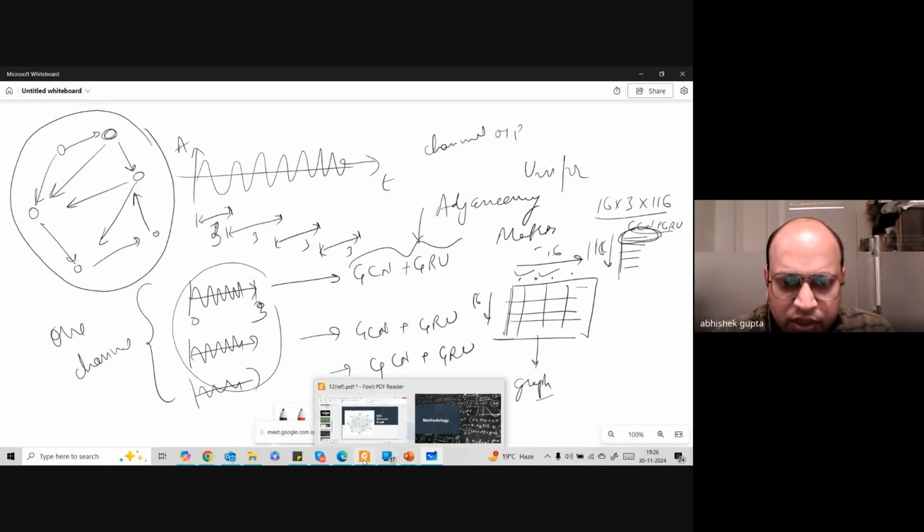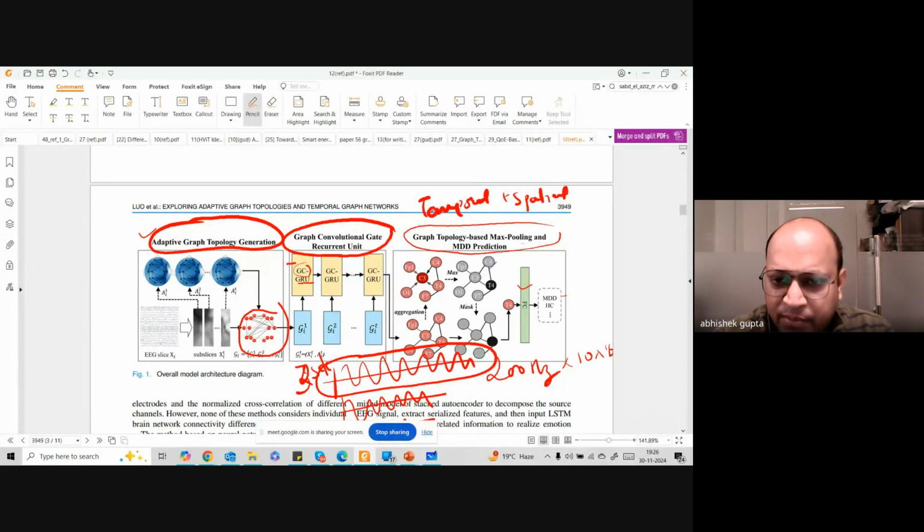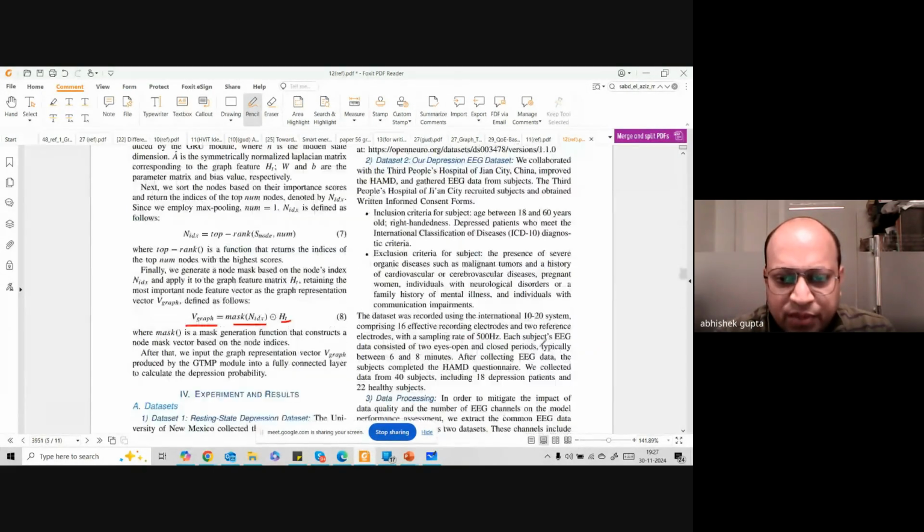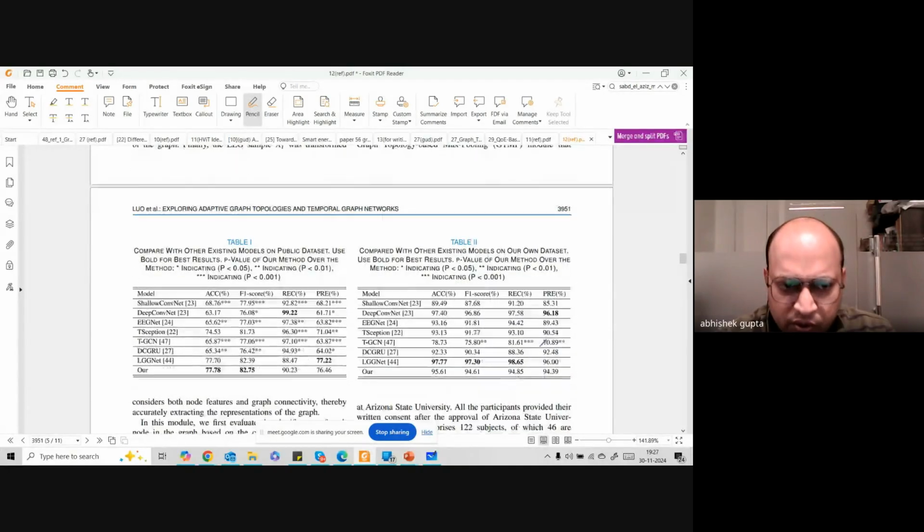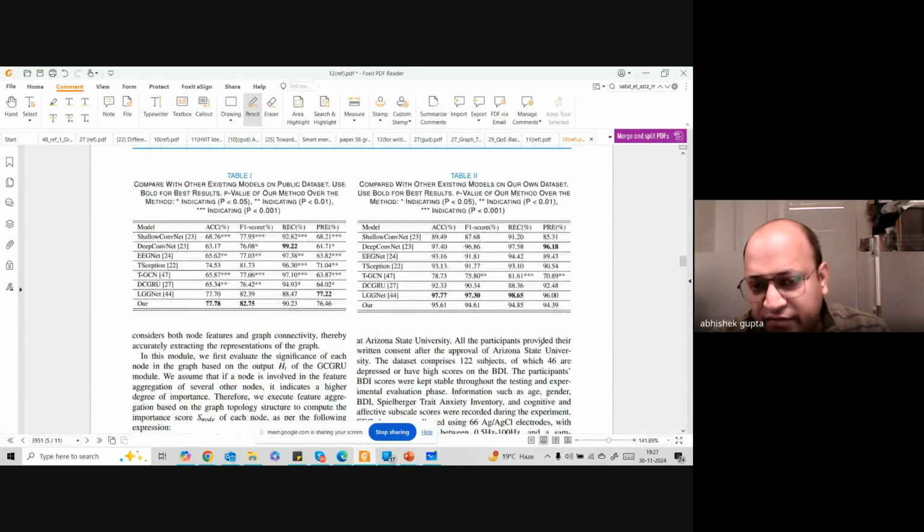Coming to that, they apply max pooling to bypass the non-relevant features and apply a fully connected layer to classify the MDD and normal patients. With the help of this methodology, they have done some ablation study and compared it with previous work. Even so, they are able to achieve an accuracy of 77.78 on this data.